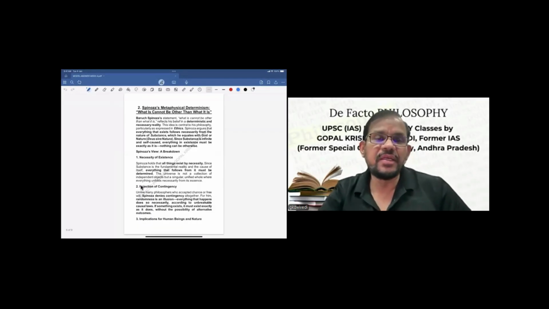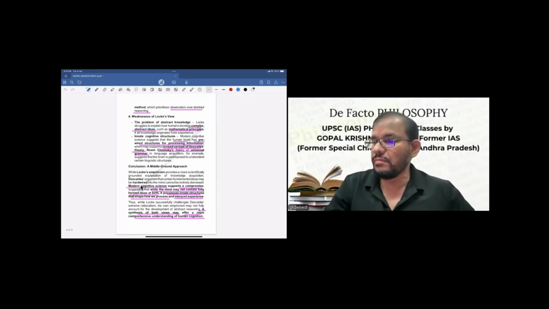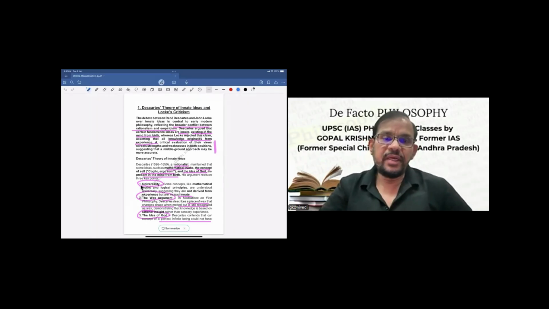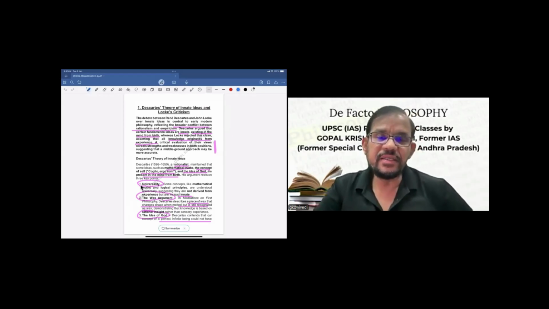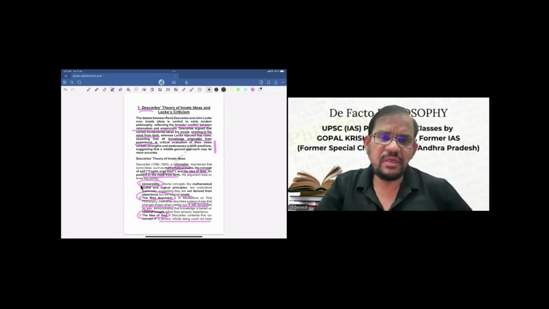Okay, so first we will see Descartes' theory of innate ideas and Locke's criticism. This is the first question which was given last week. Descartes, Spinoza, and Leibniz represent the rationalism school.